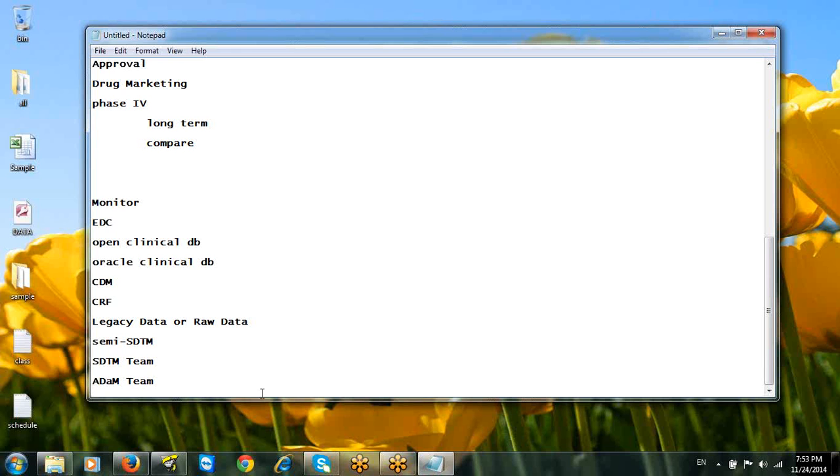So in SAS we have a different team who will work on the SDTM tables, and a separate team who will work on the ADaM tables. Only for preparation we have a certain team. There will be a team which prepares the SDTM tables, and a team which prepares ADaM data sets.